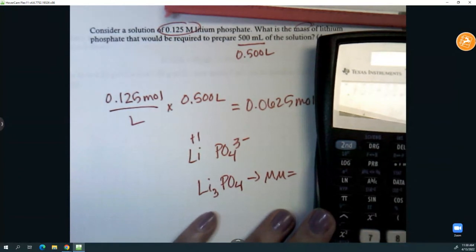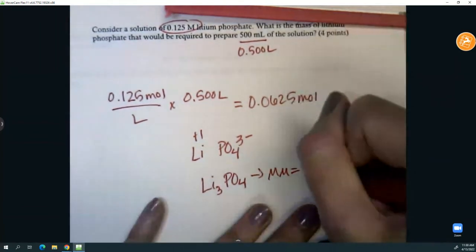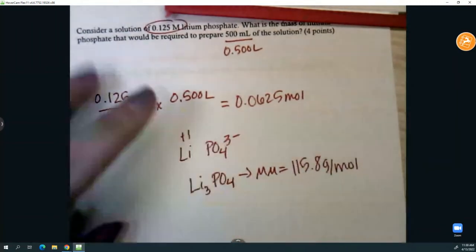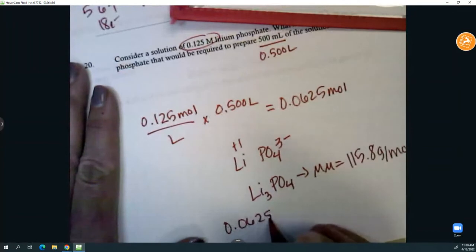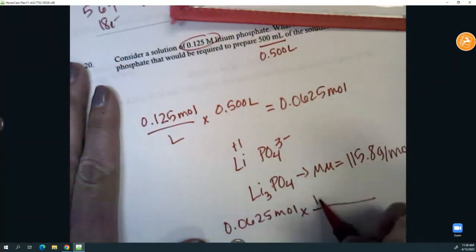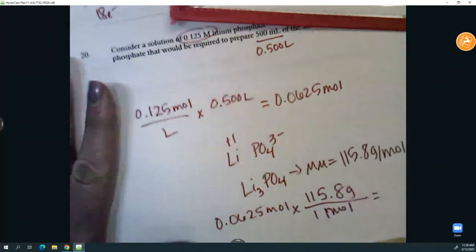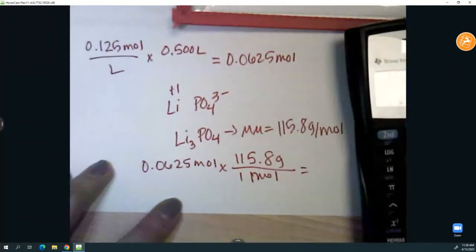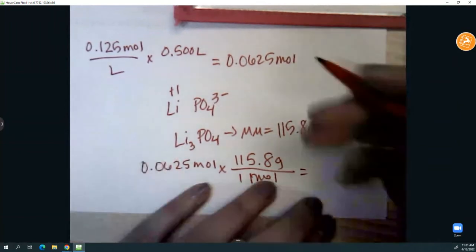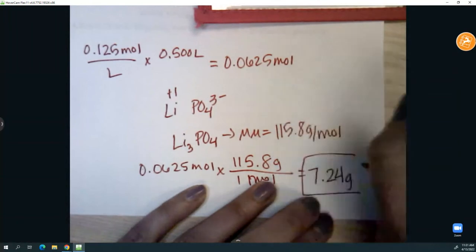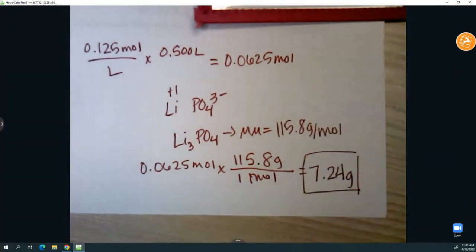Phosphorus and oxygen, 115.8. So now I can take my 0.0625 moles times 115.8 grams per mole, multiply. And I got 7.24.